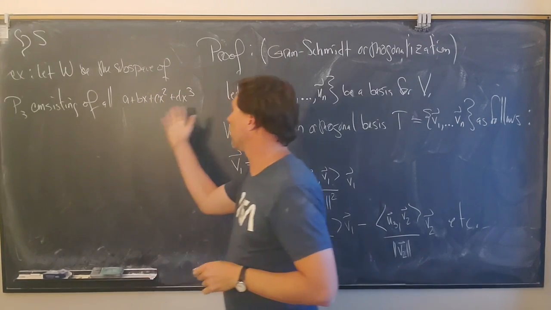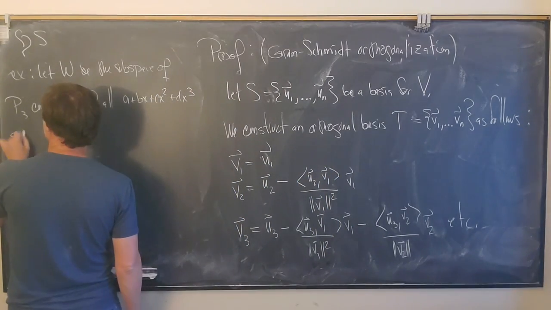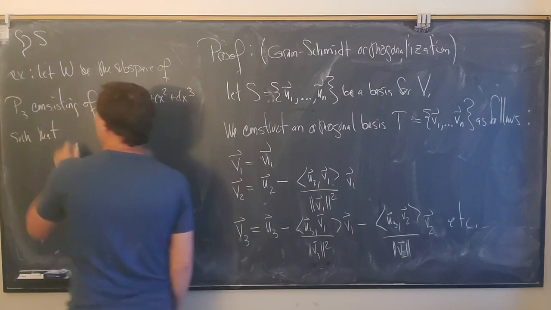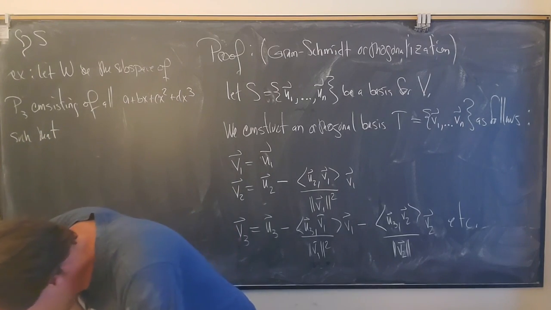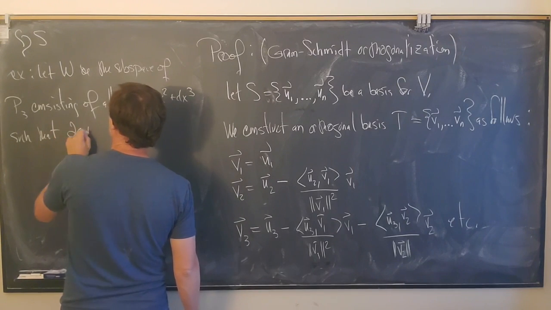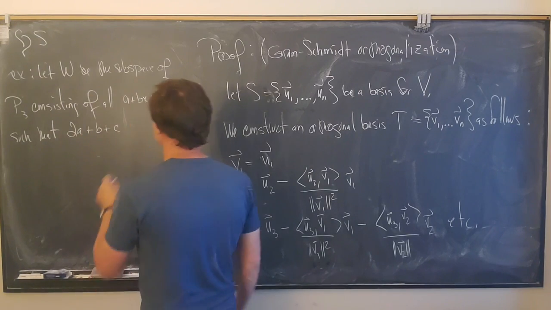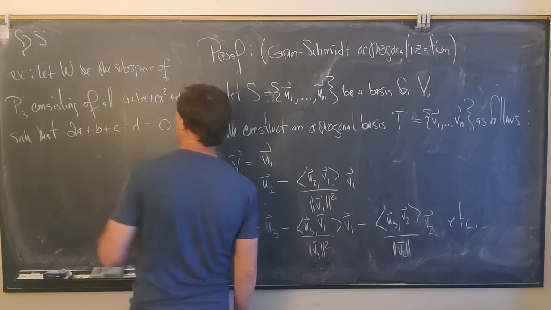So here's the form of a general polynomial in P3, such that 2a plus b plus c minus d equals 0.